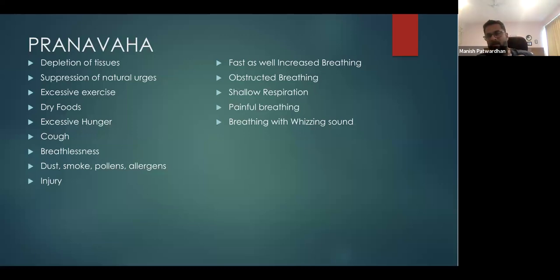Now we have Sitopaladi Churna there, which is there in the school also. Now Sitopaladi Churna is basically made up of rock sugar, candy sugar, okay? Along with that, it has got few other ingredients like long pepper, cinnamon, okay, and cardamom.